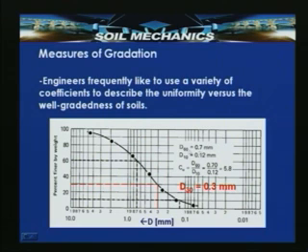Let us consider a grain size distribution curve which is shown in this slide. Percentage finer by weight is on the y axis, and particle size d is represented on the logarithmic scale on the x axis. This is a typical curve, and these different points are obtained by performing sieve analysis. Here, D60, D10 and D30 can be worked out like this.